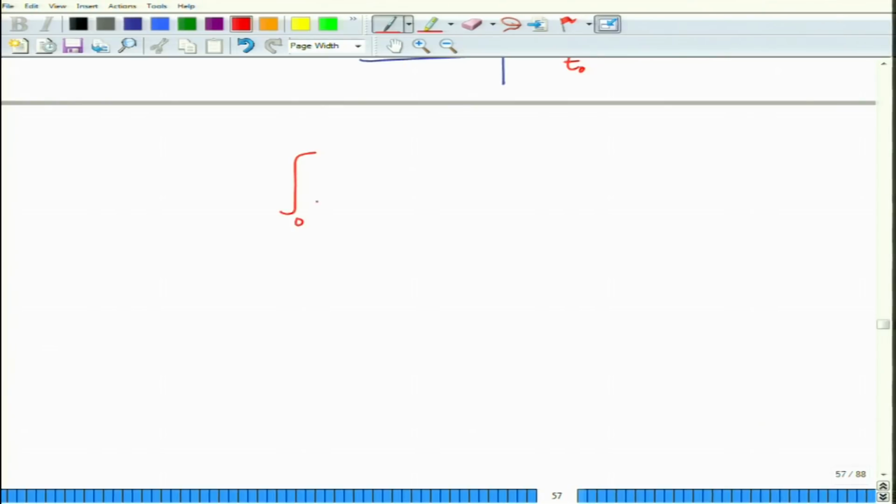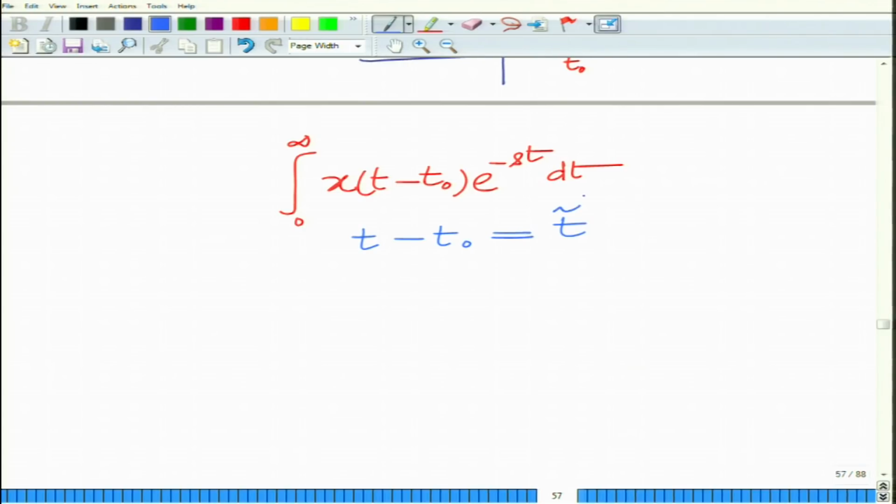Well, for that I can perform the integral of x(t minus t naught) e raised to minus s t dt, and now I can set t minus t naught equals t tilde, which implies dt equals dt tilde.